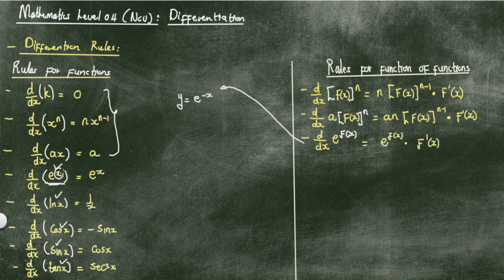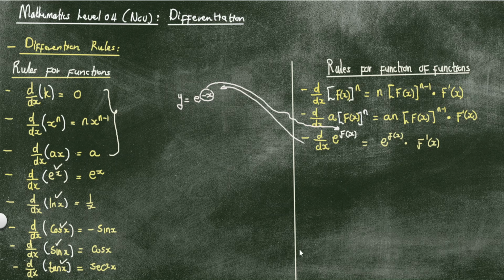When this is raised to exponent x, differentiating it just becomes e raised to exponent x. You now have a negative x, so we'll have to treat the negative x as f of x.